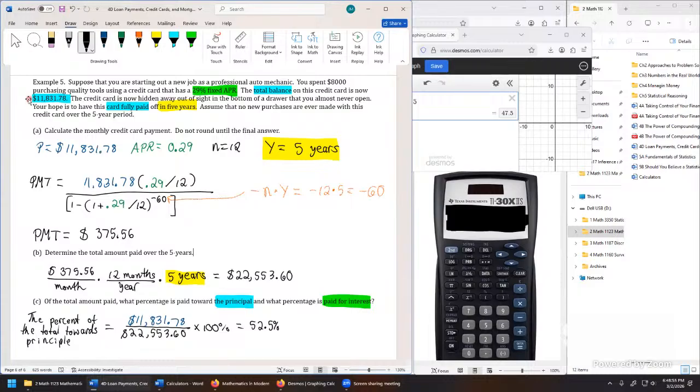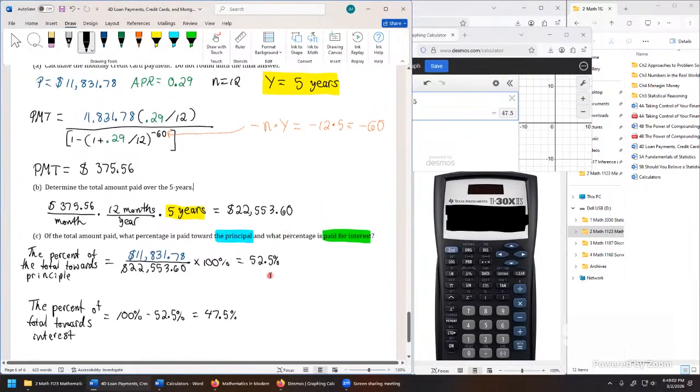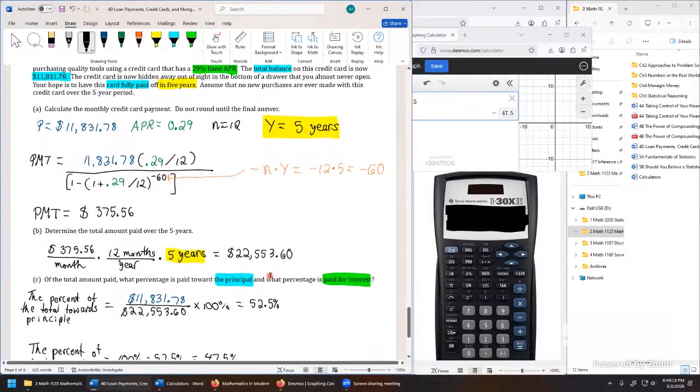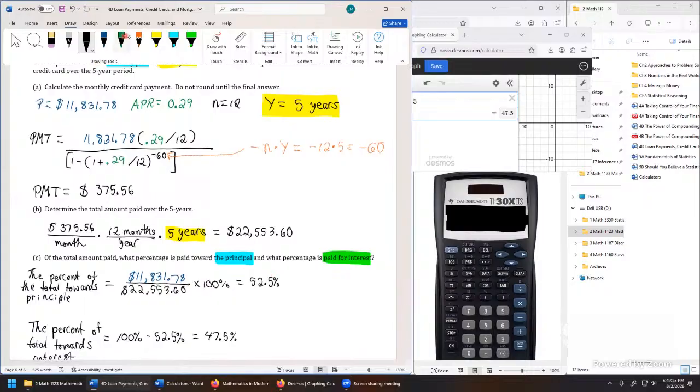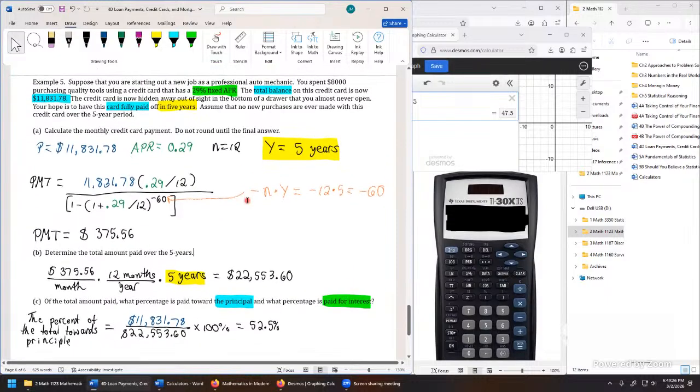And so then when I was looking at the total amount paid towards interest, my thought was to use the 8,000 instead of the 11,000 as the principal, because that's what was originally purchased, and wasn't interest. So I just want to clarify moving forward, like for quizzes, just to only take what we actually use for the principal and not really look at, don't make assumptions. Does that make sense? Exactly.